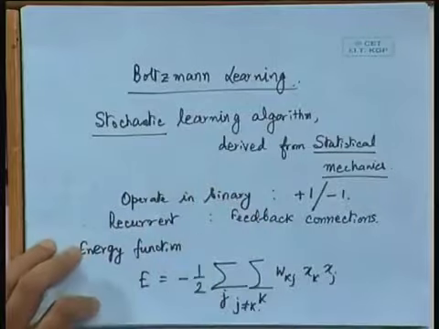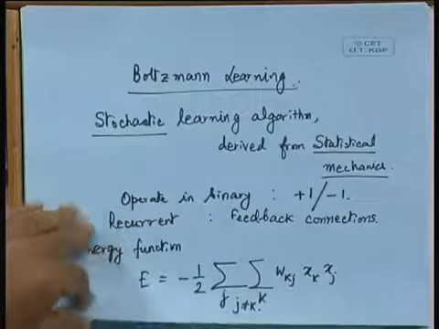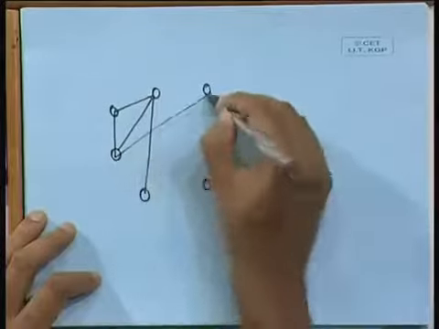All right. Now, in what sense is it stochastic? Because we said in the beginning itself that it is a stochastic learning algorithm. Imagine that you have a network like this, with some neurons interconnected amongst themselves.